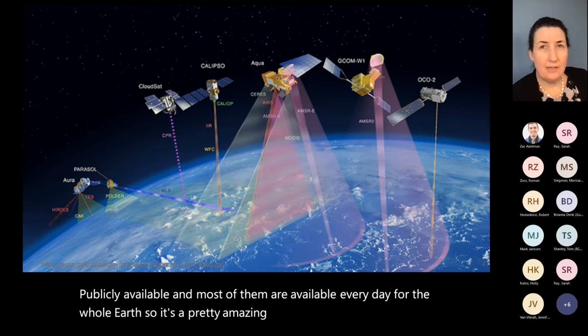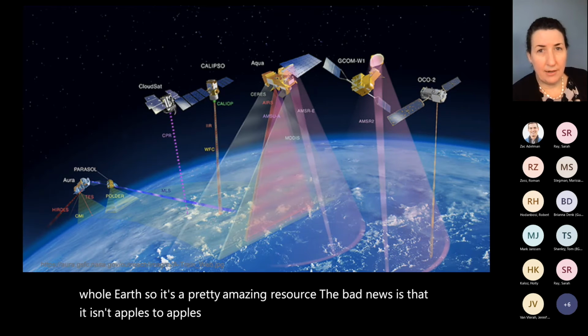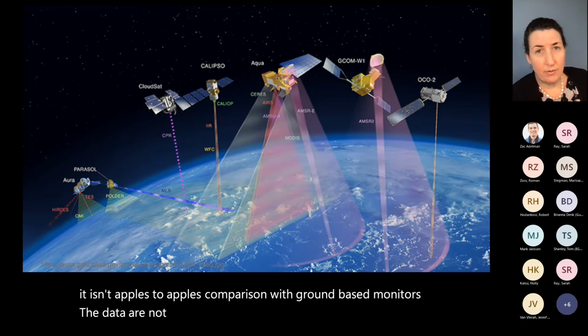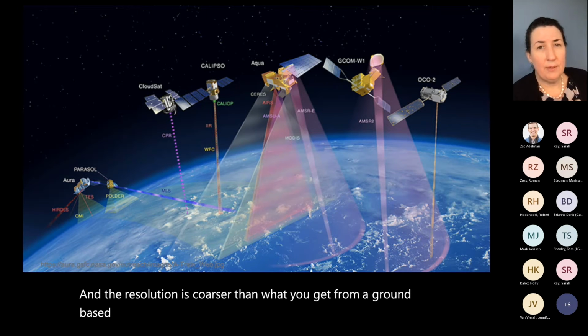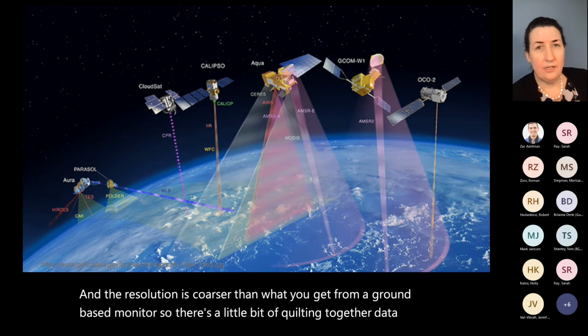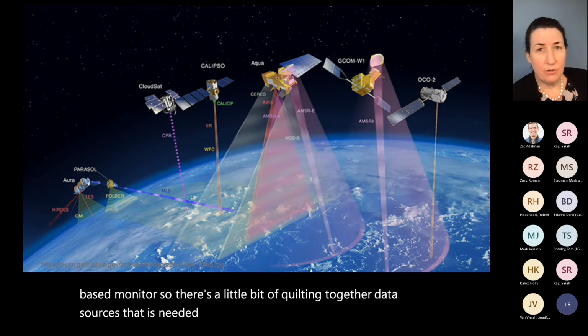The bad news is that it isn't an apples to apples comparison with ground-based monitors. The data are not available when there's cloud cover in the sky, and the resolution is coarser than what you get from a ground-based monitor. So there's a little bit of quilting together of data sources that is needed to effectively use satellites in an air quality management context.